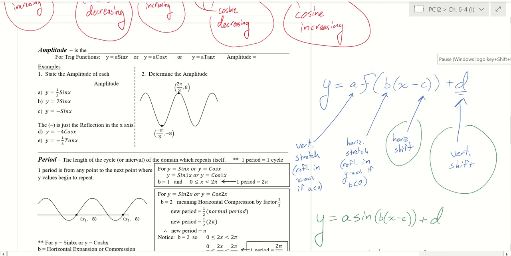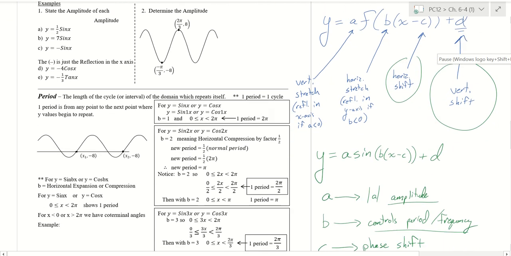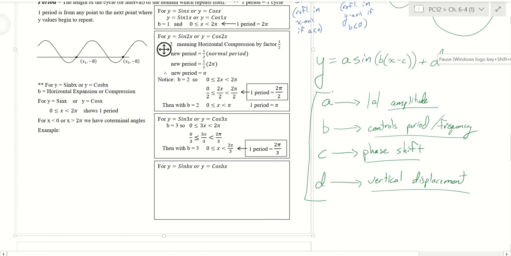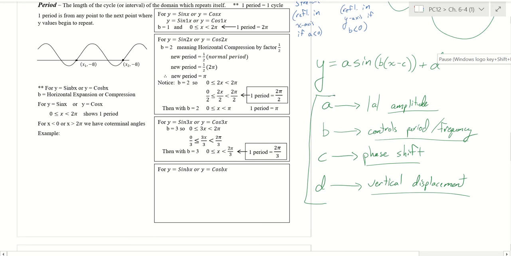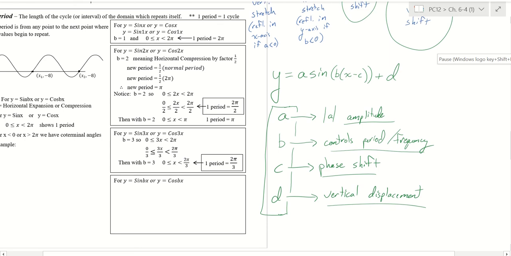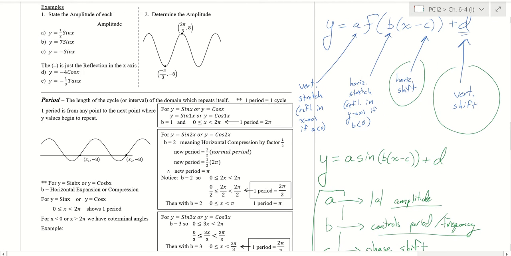Okay, so now that we've got a bit of a handle on the connection between the typical transformation parameters that we know and love and their connection to these more technical terms that are unique to trigonometry, specifically sinusoidal functions, let's actually look at them.